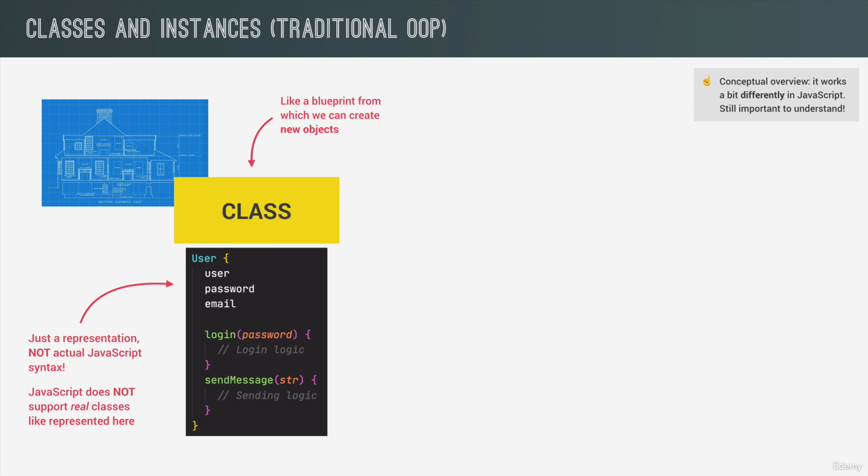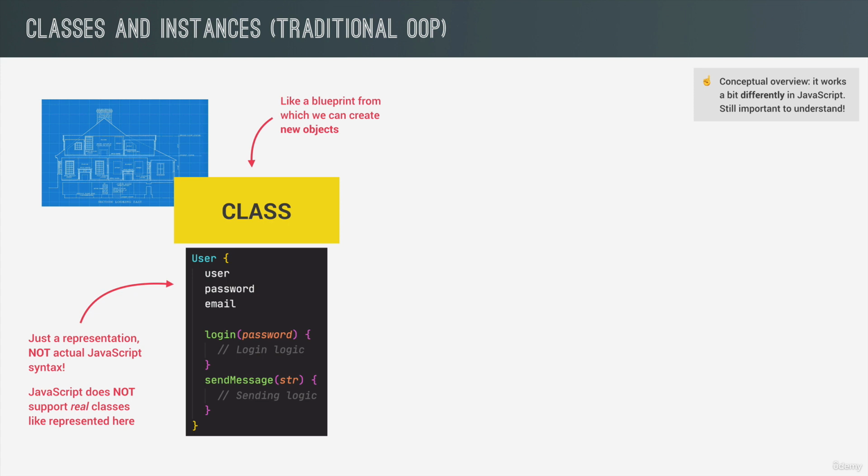But anyway, back to our fictional class here, we can see that it describes a user who has a username, a password, and an email. So it's a description of data about a user, but it's not the data itself yet. Because remember, the class is really just a plan, and the plan doesn't contain the real world data just yet.